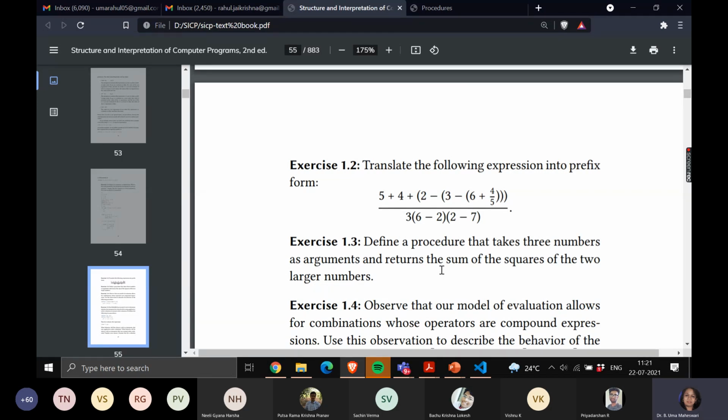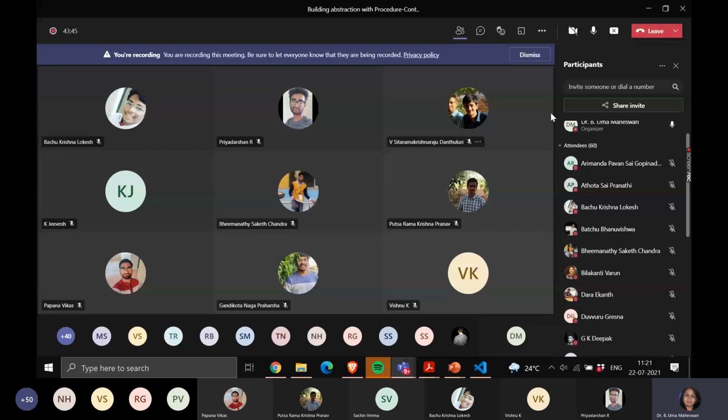That too, you have to use the Lisp syntax. If you're writing on a small paper, you can show it, or otherwise you can write in a notepad. Can you show it, please, for others? You can share it.